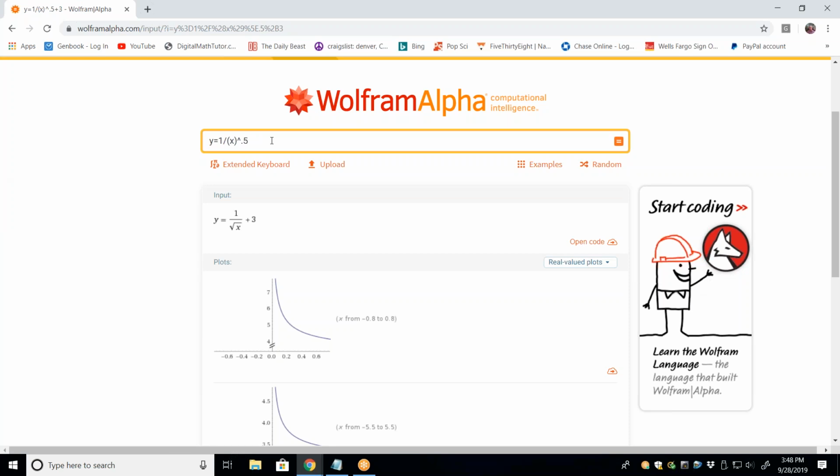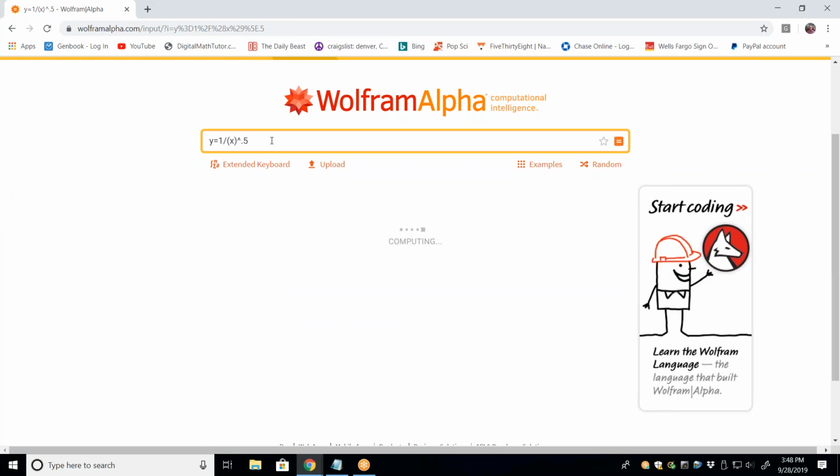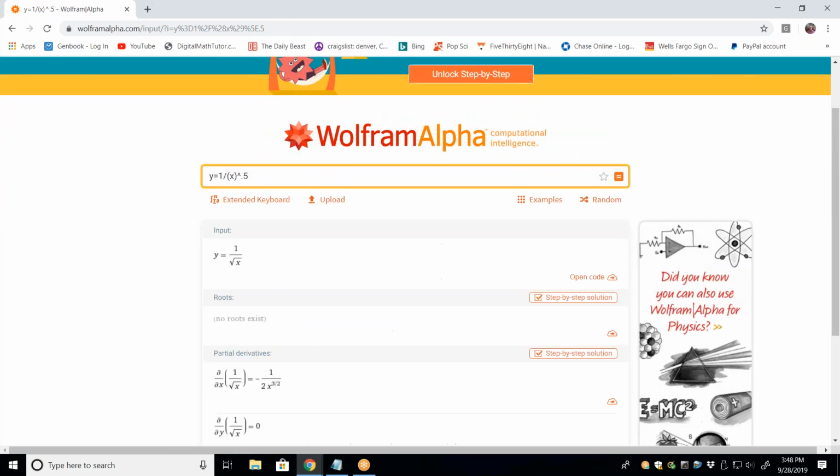Now, maybe your teacher is calling that an elementary function, and I guess you could. I suppose that is an elementary function. And by adding 3, we're merely doing a vertical shift. So if you want to think of it that way, that's a good way to think of it. My teacher gave me a packet with all the parent functions on it.